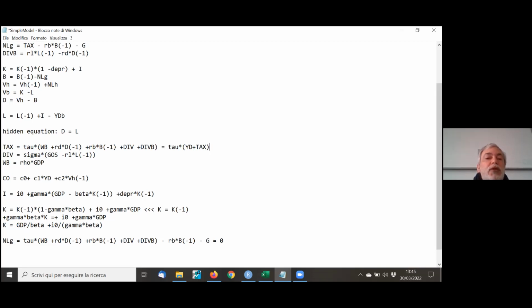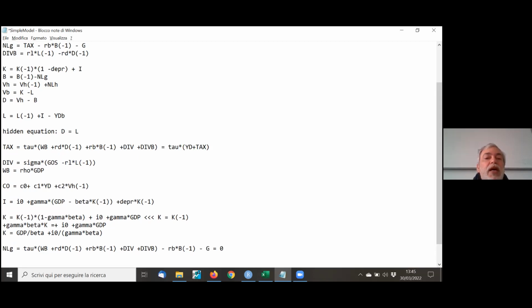So if we use this equation instead, this implies that the tax should have tau times tax in here equal to tau times yd, so that tax is equal to tau yd divided by 1 minus tau. So here we could simplify the story and have this to be equal to yd over 1 minus tau.